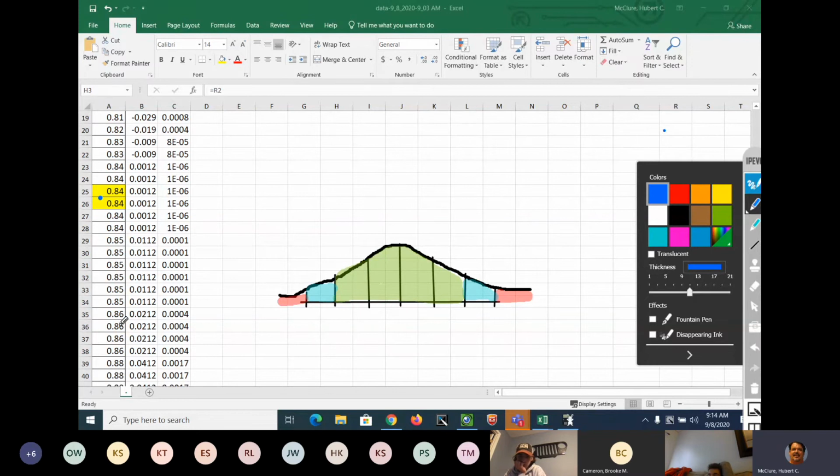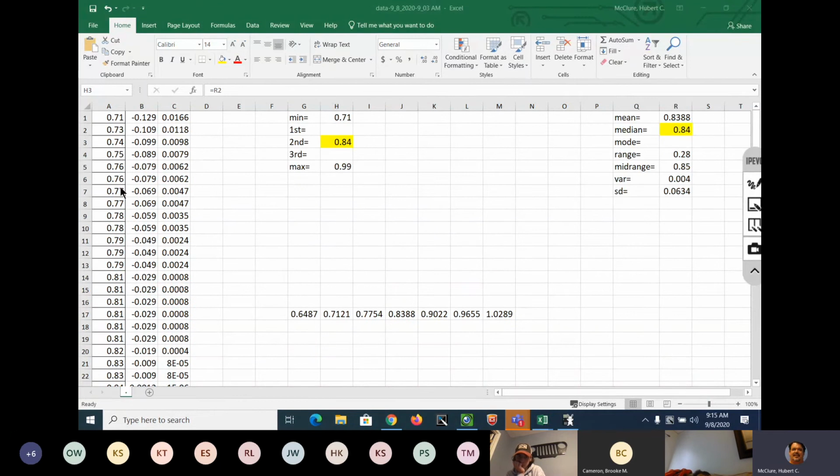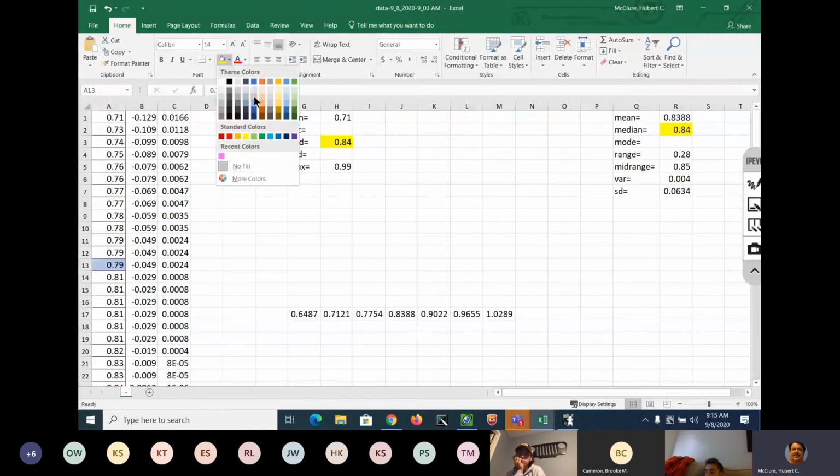So 25 is an odd number. So I just go 12 down, 12 up, and pick the middle. So 25 above, I've got to pick the 13th number. There it is. Color that blue. That goes right here.